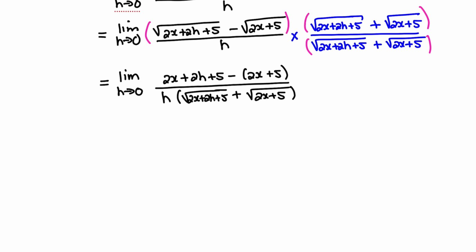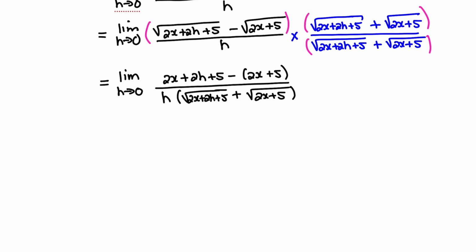So can you see that because this creates a difference of 2 squares in the numerator, what we are actually just doing is removing the square roots. So the square root times the square root becomes whatever is inside of that square root. So that first term would simply become 2x plus 2h plus 5, and my second term squared simply becomes 2x plus 5. Notice that I'm using brackets.